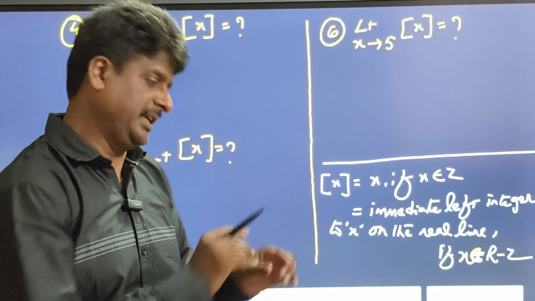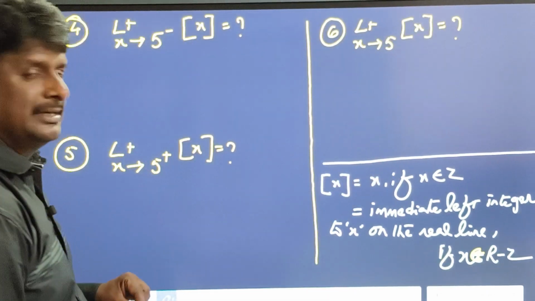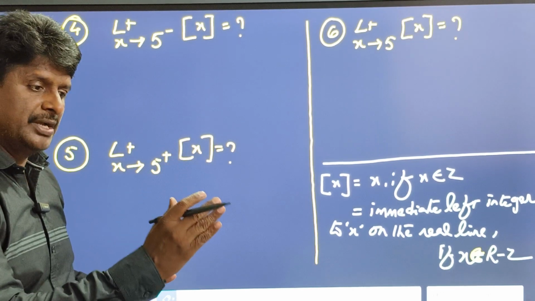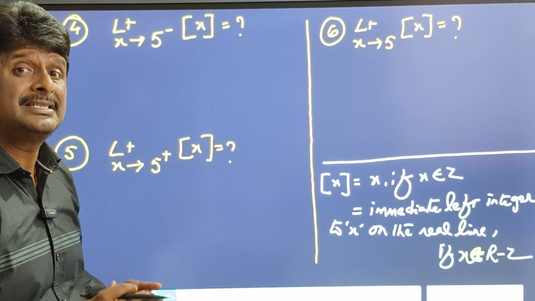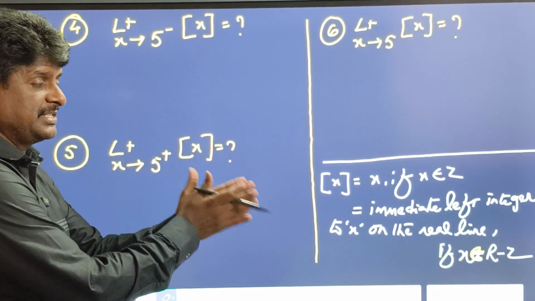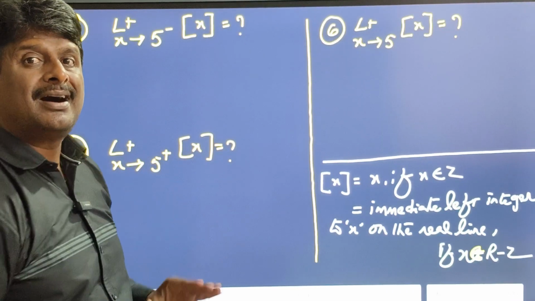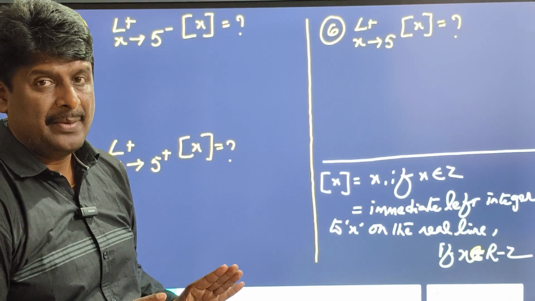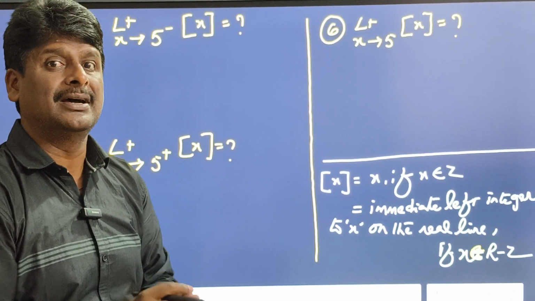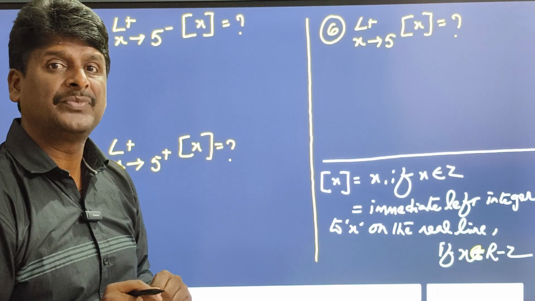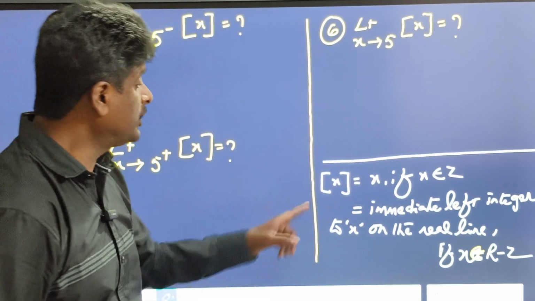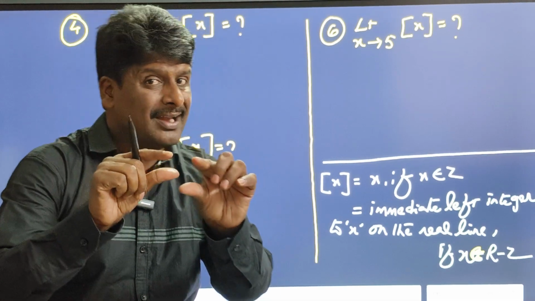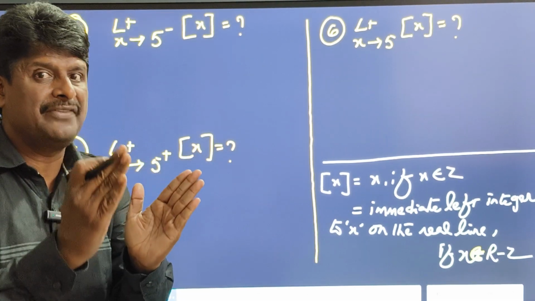Step of 10.5: on the real line 0, 1, 2, 3, and so on, 10, 11, these are integers. Minus 1, minus 2, minus 3, minus 4, and so on, are also integers. But between 9 and 10, we can see some lines. They represent rational and irrational numbers. So 10.5 lies between the integers 10 and 11.